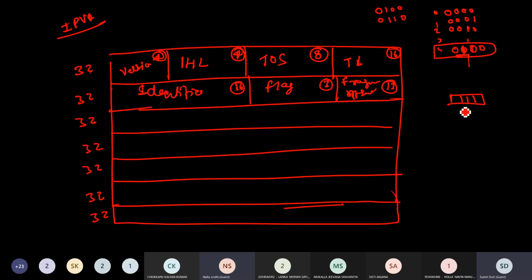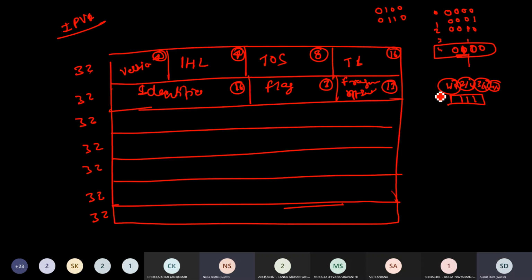So this flag will tell me this is 1 by 4, 2 by 4, 3 by 4 and 4 by 4. It means there are 4 segments that need to be concatenated at the receiving end. So this flag tells me about this value. Am I clear?